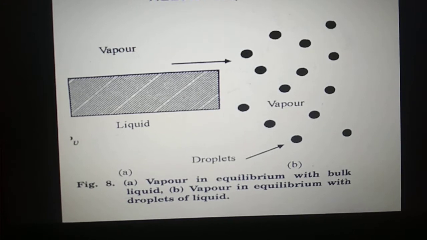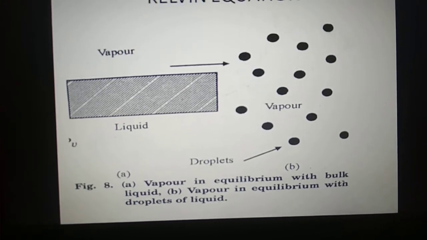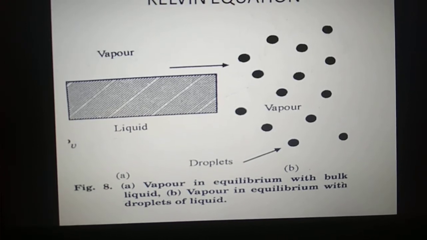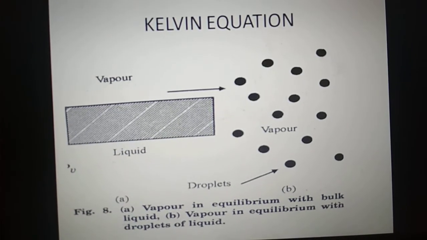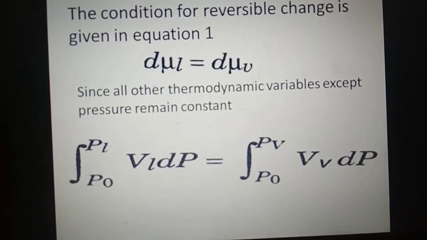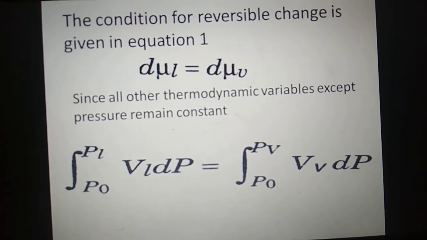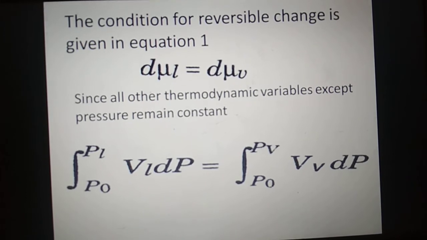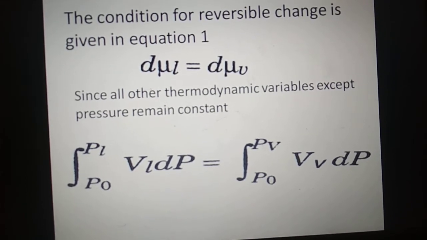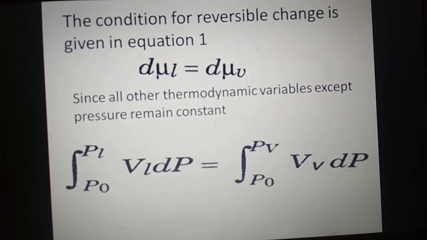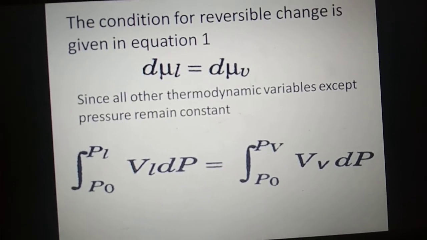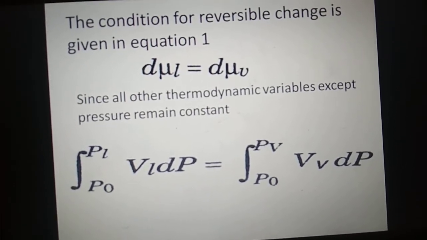The vapor pressure changes from P0 to PV and the pressure of the liquid changes from P0 to PL. The condition for reversible change is given in equation 1: dμL = dμV, where the subscripts L and V denote the liquid and the vapor phase respectively.